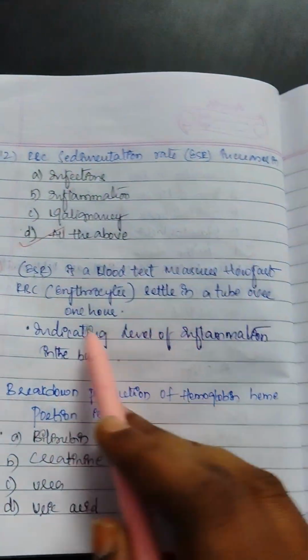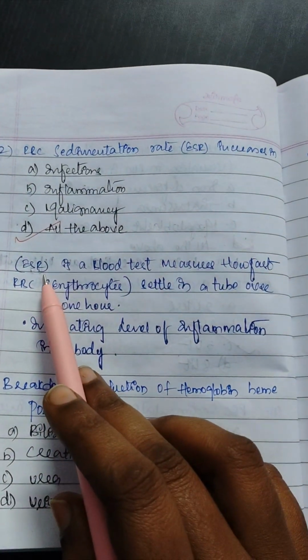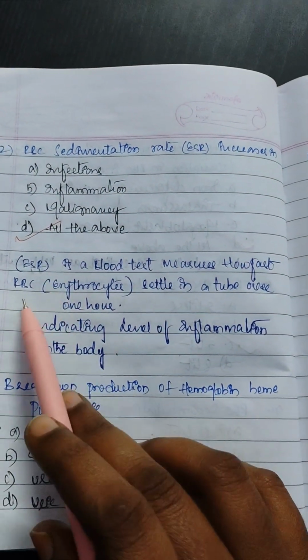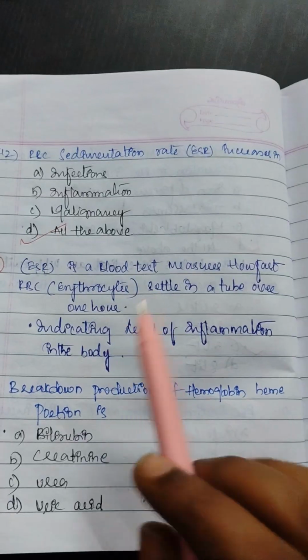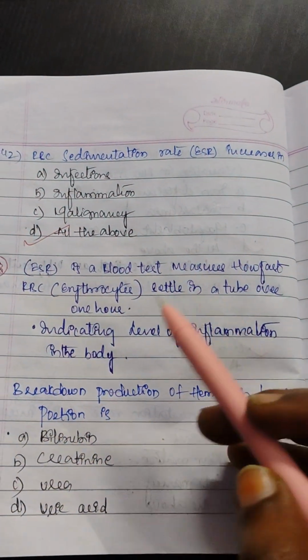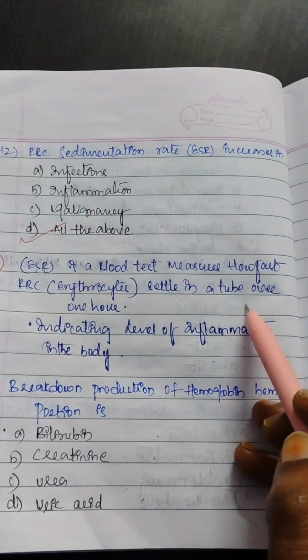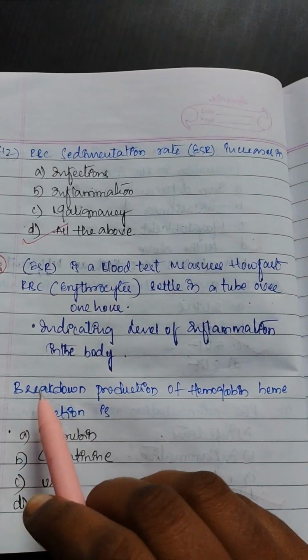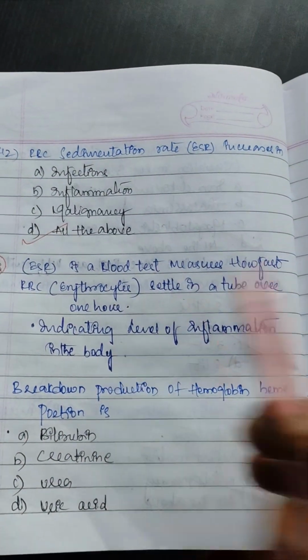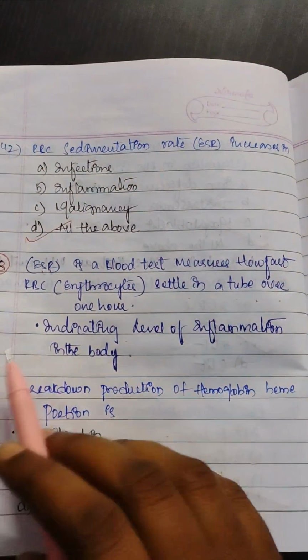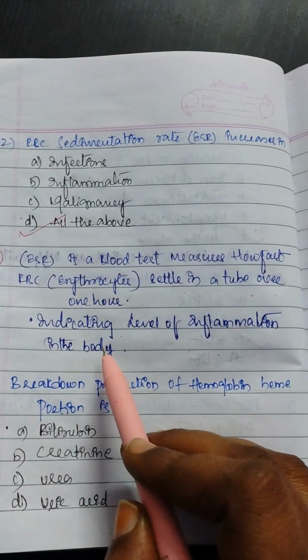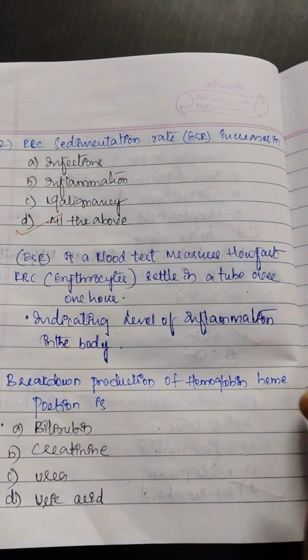Here you see what is meant by the ESR, or erythrocyte sedimentation rate test. It is a blood test which measures how fast the erythrocytes settle in a tube over 1 hour. This ESR test indicates the level of inflammation in the body.